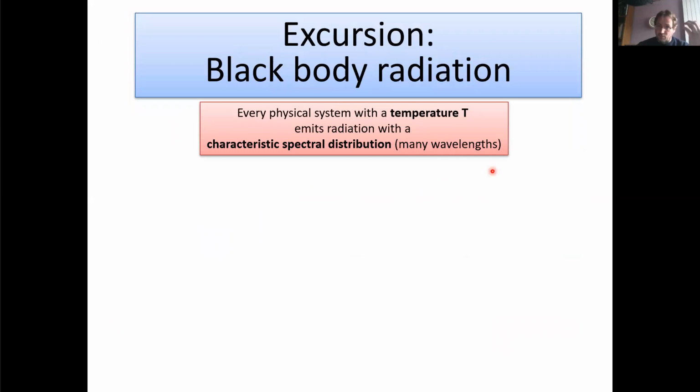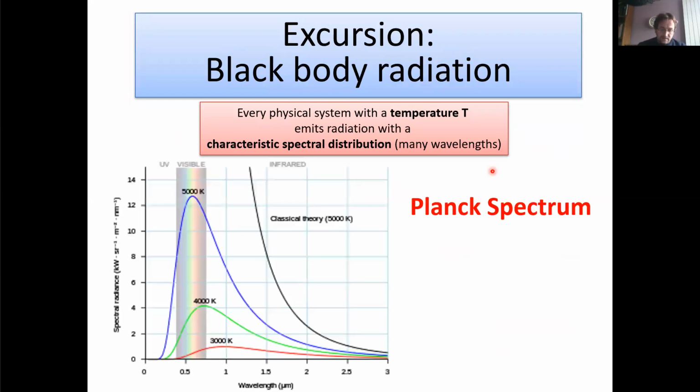Then I wanted to remind you of this black body stuff. Every body with a given temperature T emits this characteristic radiation, and the shape is always the same. It's just adjusted to the temperature of the body. The maximum is adjusted, and what also adjusts to this temperature is the area underneath the curve.